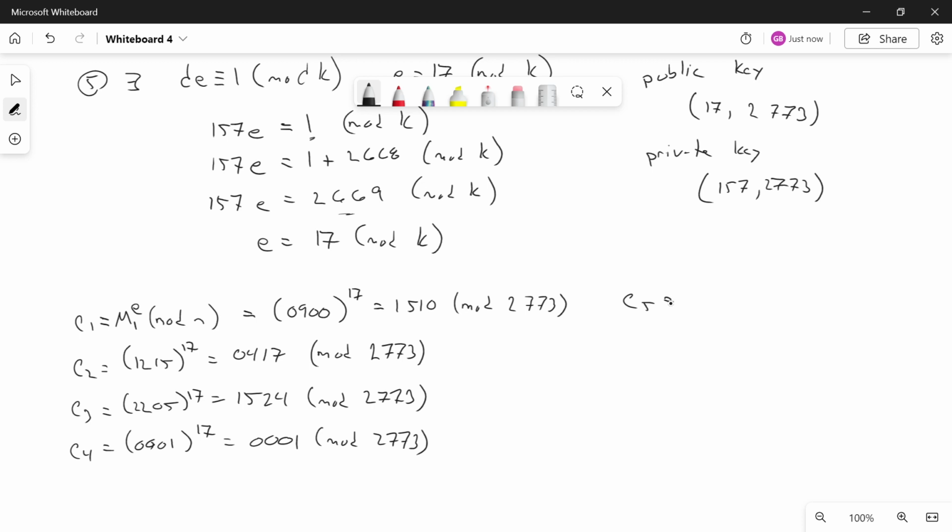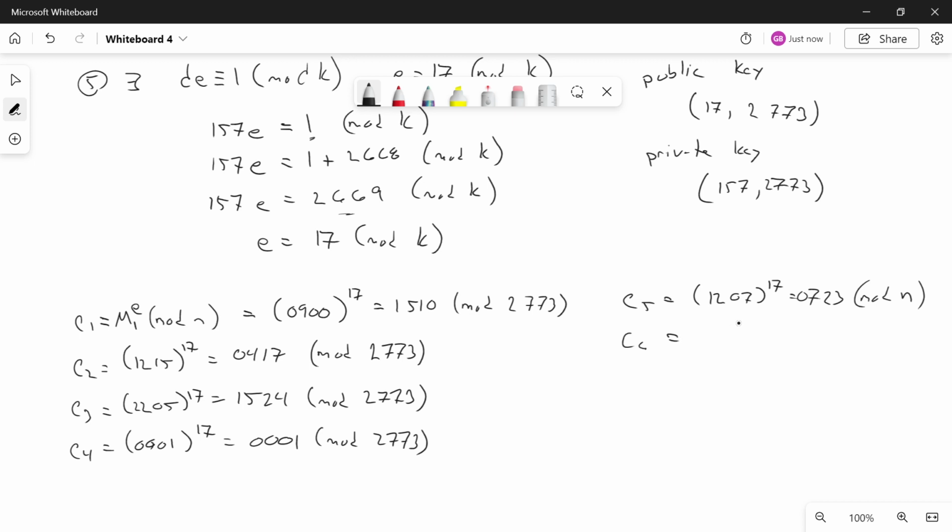C5. This is our LG, so 1207 raised to the power 17 gives us 0723 mod N. I'm just going to write mod N from now on. C6.